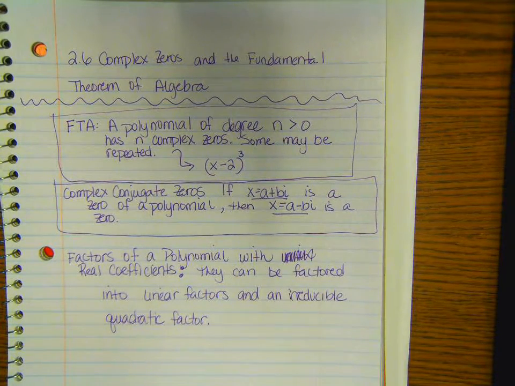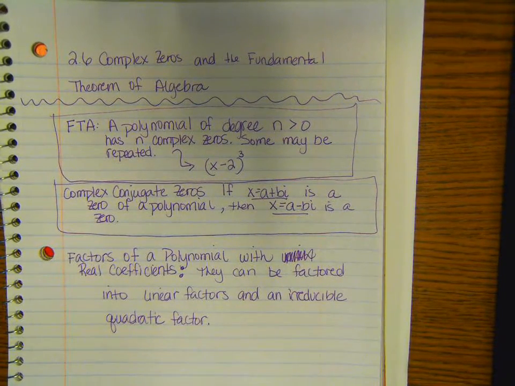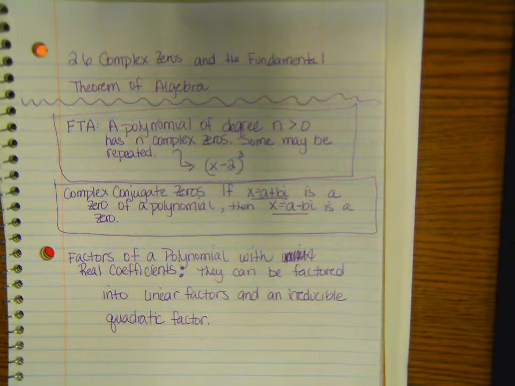Now, you might not know what an irreducible, I don't know if you know what that means. Do you know what that means? No? Yes? Maybe? So, the one we did on the board today, in the opener, could you have factored that into real numbers?